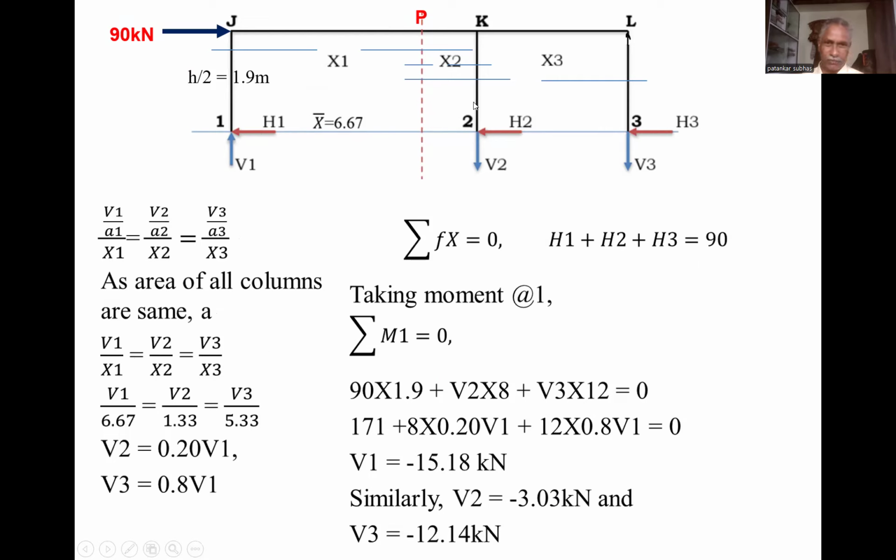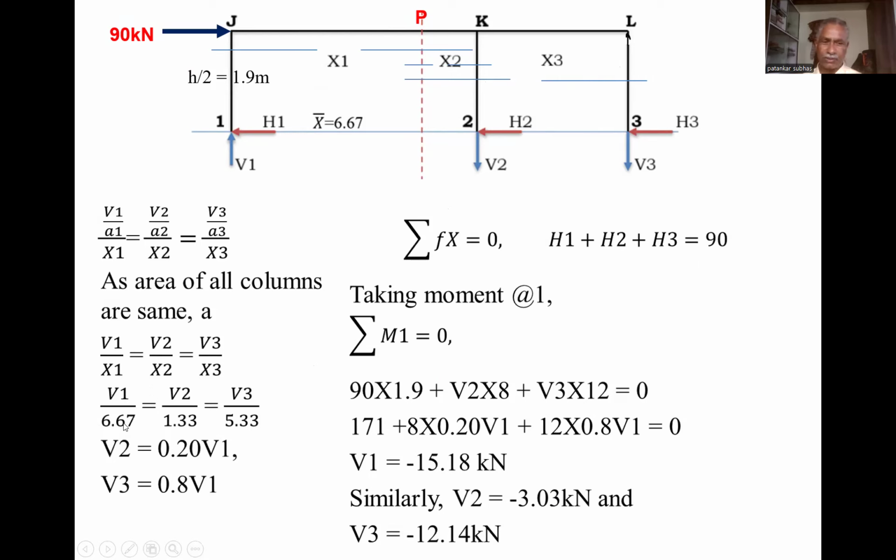So X2 is equal to the total distance, 8 meter, minus 6.67. So it is 1.33. And X3 is equal to 5.33, because this distance is 4 meter and this is 1.33. So it is 5.33.